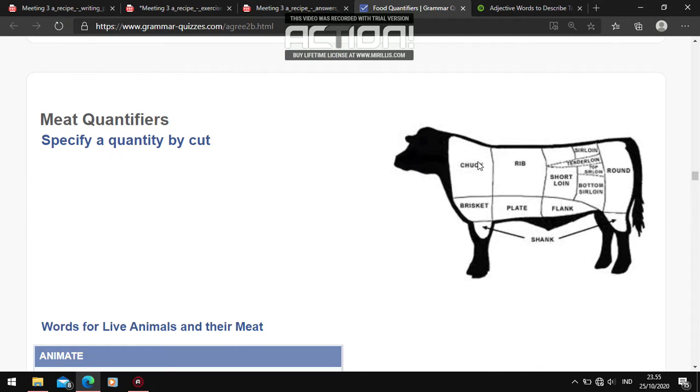Jadi bagian sini namanya chuck, this one brisket, blade, flank, this one is rib, short loin. Pernah dengar kan? Kalau di steak ada steak sirloin, tenderloin, top sirloin, bottom sirloin, and then round. This one is shank. Nah, that's the name, specified quantity by cut, sesuai dengan potongannya.